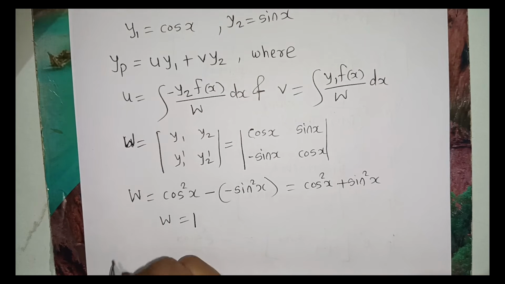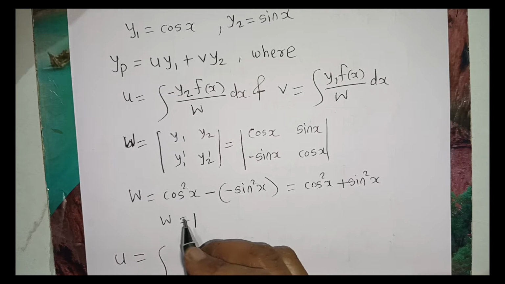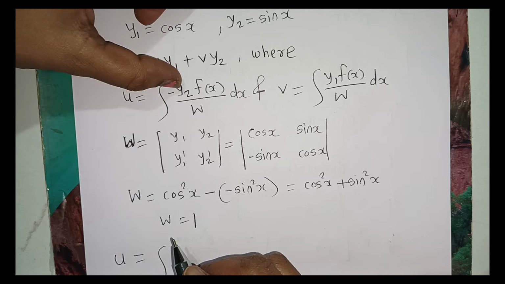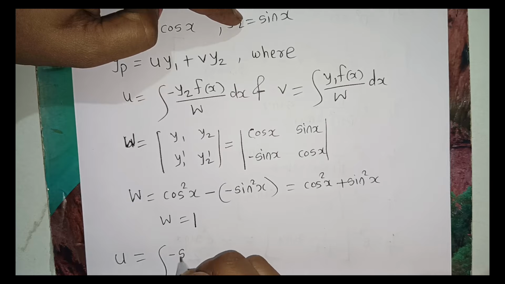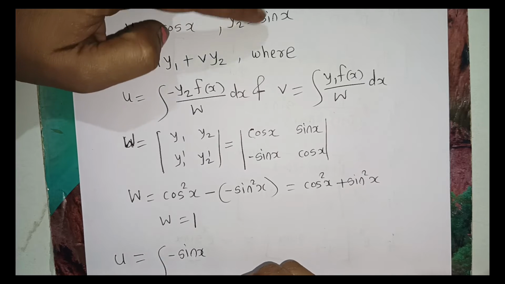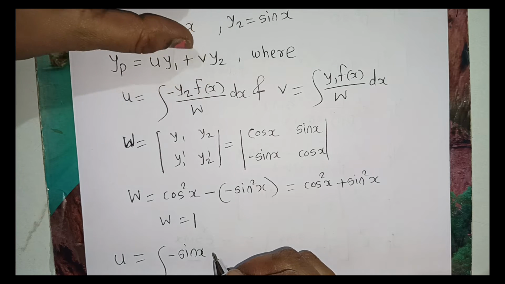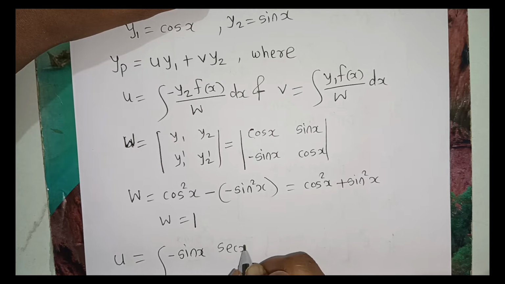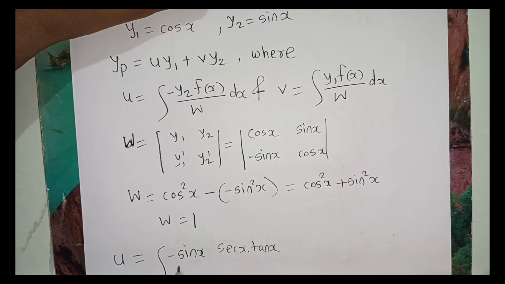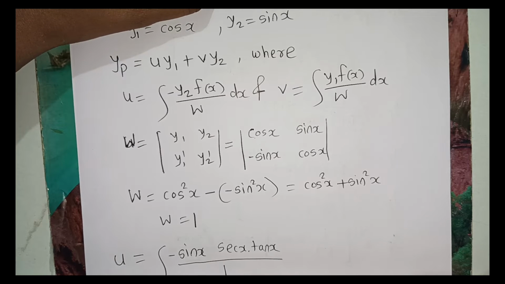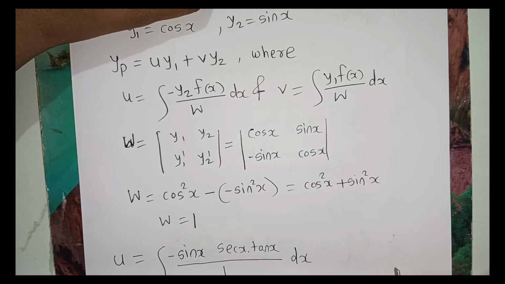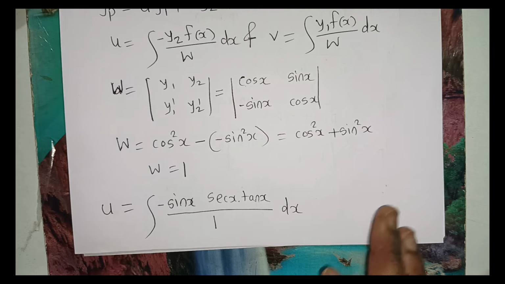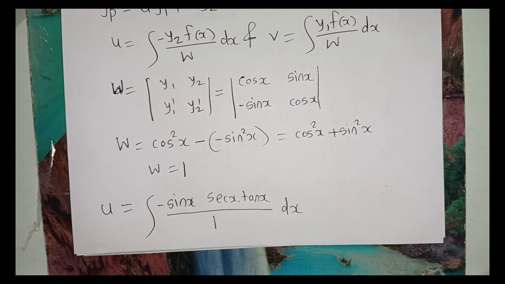So Wronskian is 1. So u is equal to integration, using y2, f of x and Wronskian in this formula. y2 is equal to sin x, so minus sin x multiplied by f of x, the right hand side function, which is sec x into tan x, divided by Wronskian 1, dx. Okay, so put in all the values of the corresponding functions.